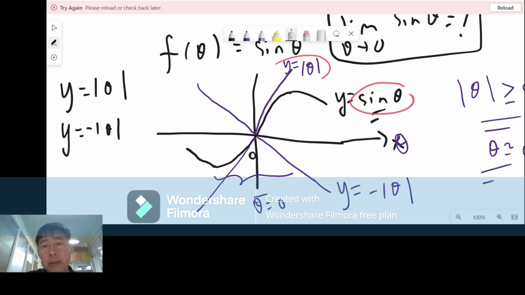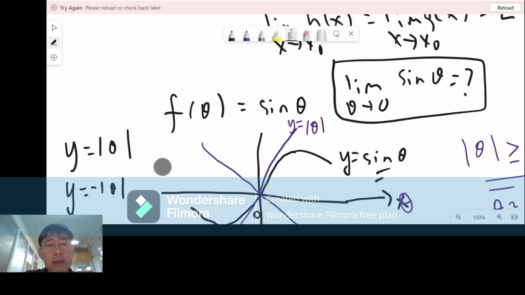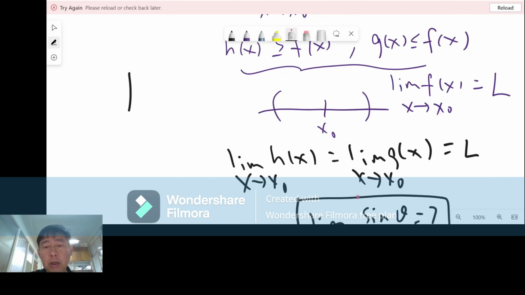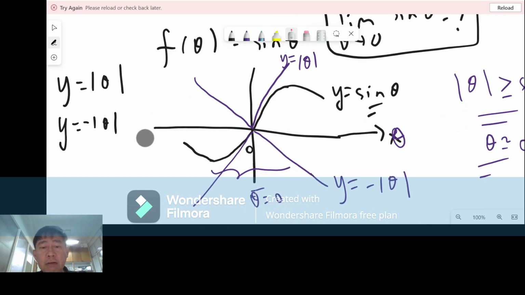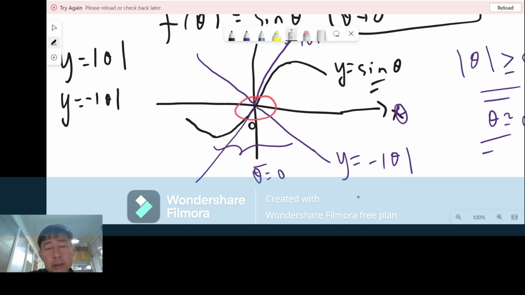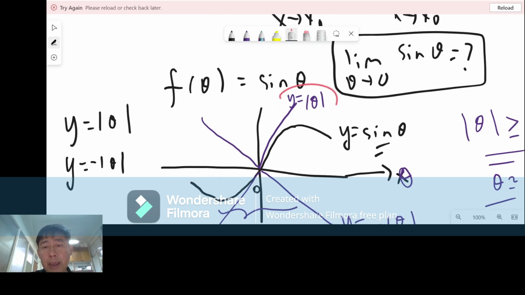The upper function is the absolute value of theta. The lower function is minus the absolute value of theta. So we have already found the functions h and g that fulfill this criterion. Within some values of theta that include 0, sine theta is always sandwiched between this function and this function.